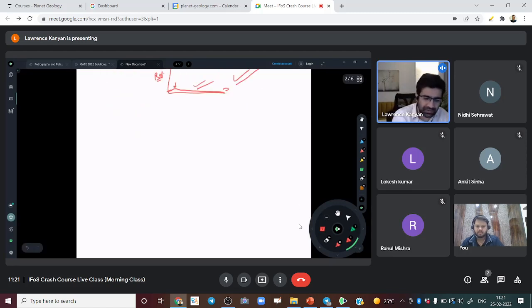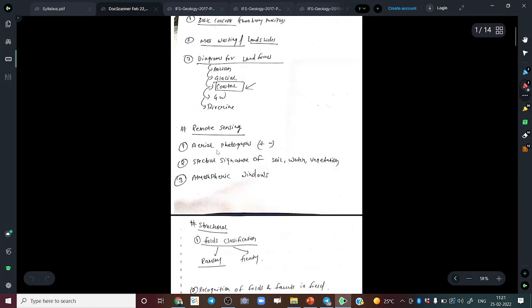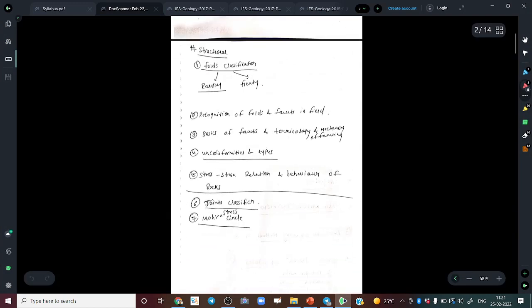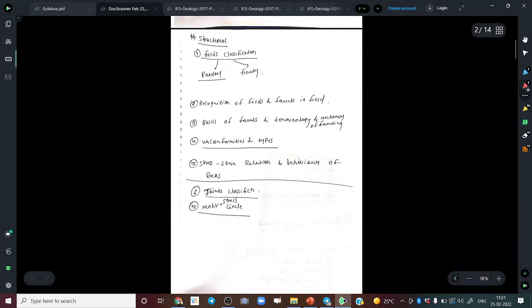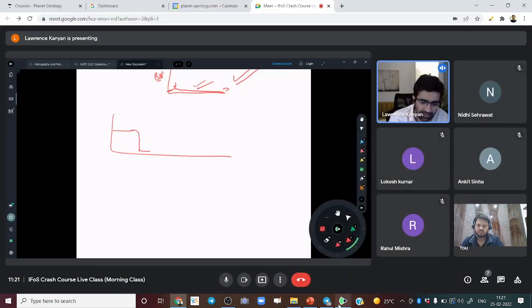And then for atmospheric windows also, try to use some general knowledge. For example, ultraviolet rays are blocked by ozone. Visible light you can see, so it's easy to remember. Otherwise, if there was no atmospheric window there, our eyes would not work, we would not be able to see anything.